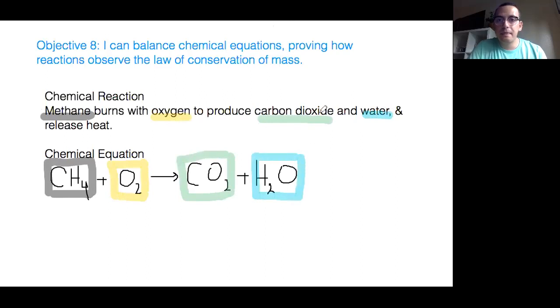So this chemical reaction is represented as a chemical equation, always knowing that our chemical reaction has a produce part to it. The produce is the arrow, telling you the left side is the reactants and the right side is the products. So we're going to look at the 3 steps to balancing a chemical equation.